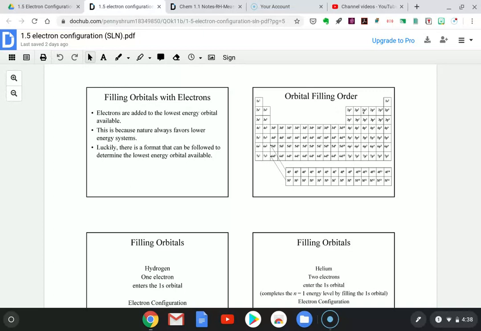The first number in each of those boxes is called the principal quantum number, and the letter tells you the type of orbital. Remember, we just talked about two types, the s orbital and the p orbital. And the last number, the power, is the number of electrons within that subshell.